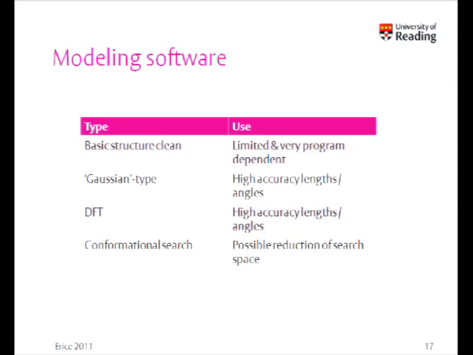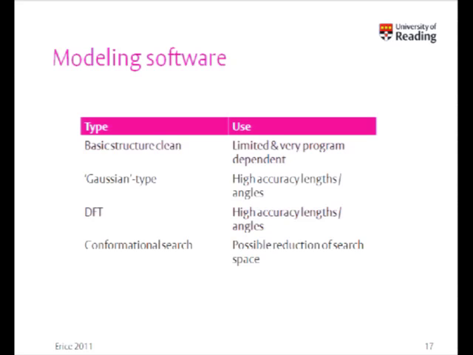If you want to validate or somehow check your structure, maybe one that you've sketched in a molecular sketching program, then generally speaking, a basic quick structure clean-up, maybe with molecular mechanics, generally isn't good enough to carry that structure forward.